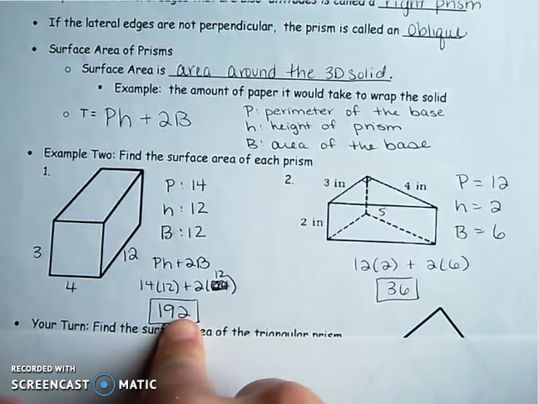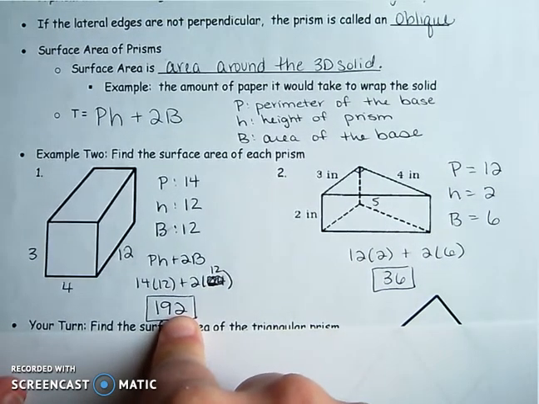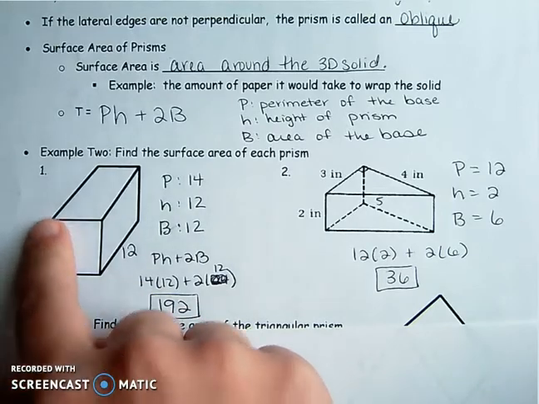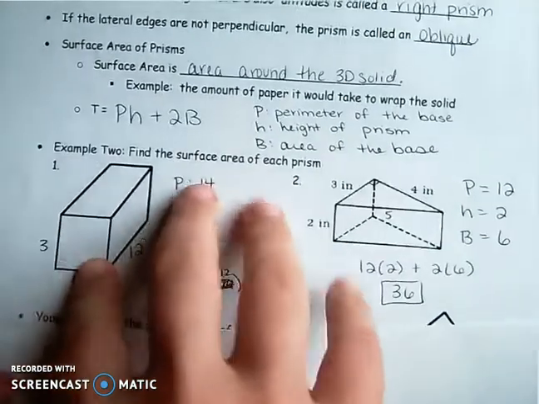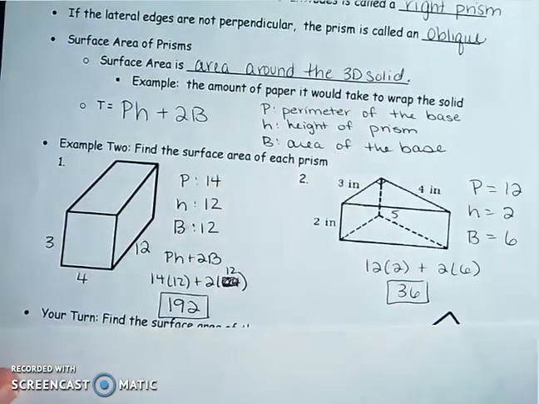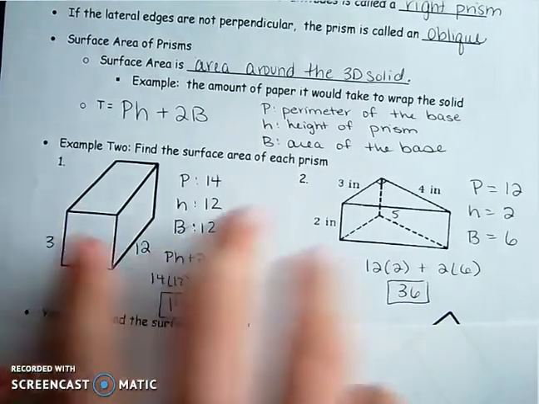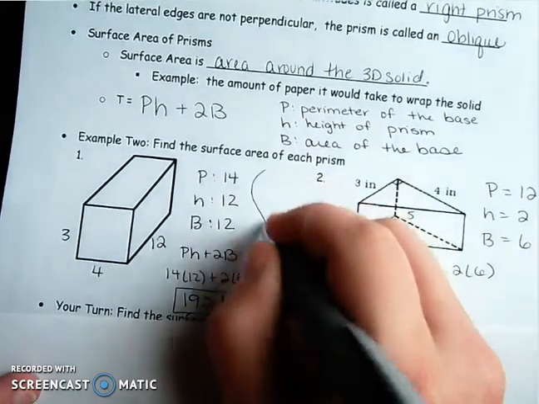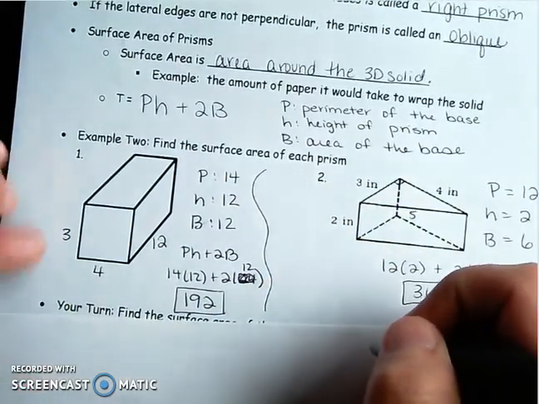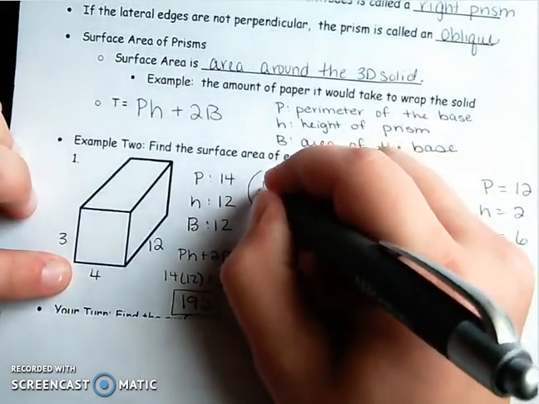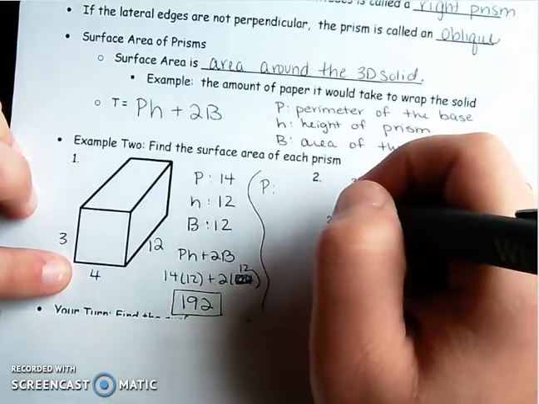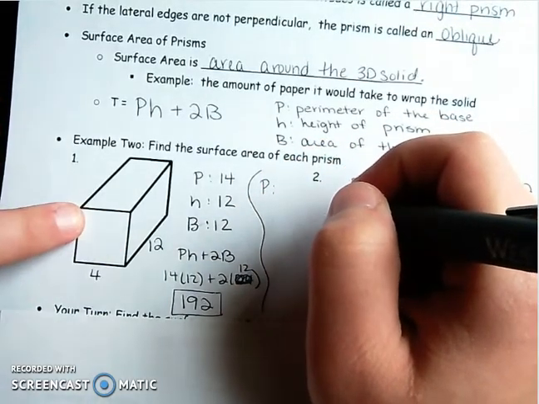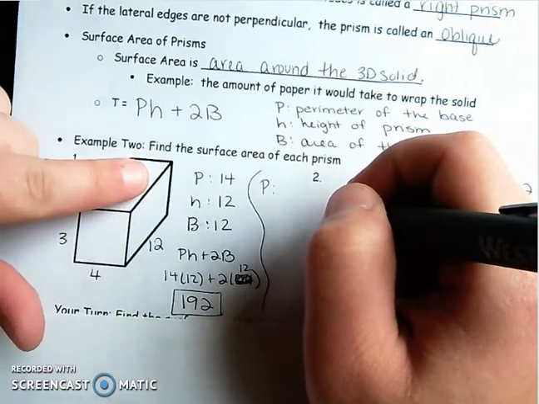The great thing about rectangular prisms is I didn't have to let this front side be my base. I could let the bottom, the 4 by 12, be the base, and this 3 be the height. In that scenario, I'll show you that you still get the same area. If you let the 4 by 12 be the base, the perimeter would be 12 and 12, which is 24, plus 4 and 4, which is 8.